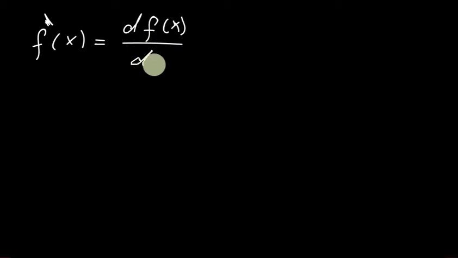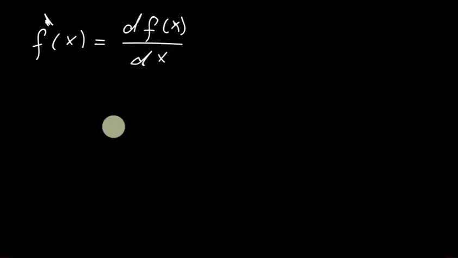A derivative is the slope at a given point. So they say that the derivative of a function f of x, this is a sign that it's a derivative, you could also write it like df of x divided by dx.